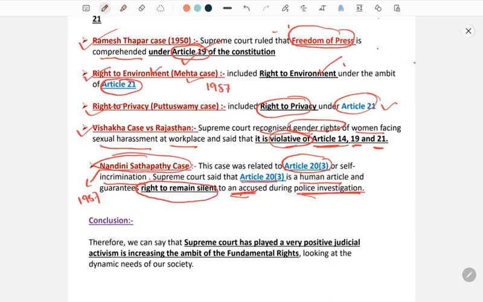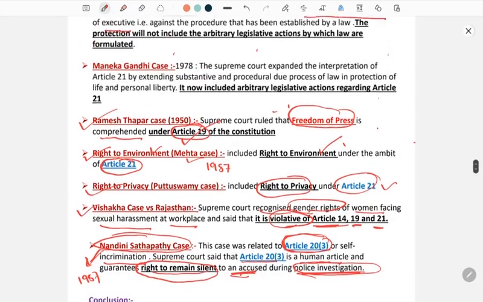Usually the police use torture during the investigation and forcefully make the accused accept the crime. So it was also a very good case. The Supreme Court said the accused has the right to remain silent during a police investigation. So this deals with Article 20 clause 3.